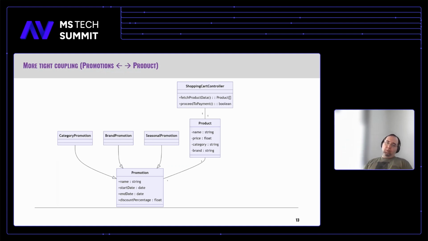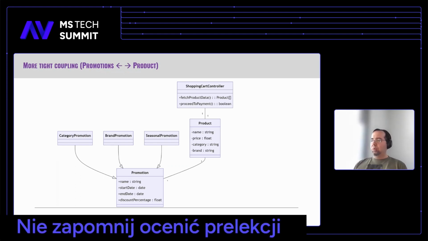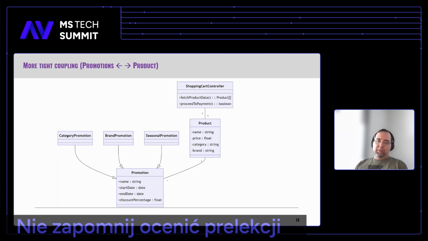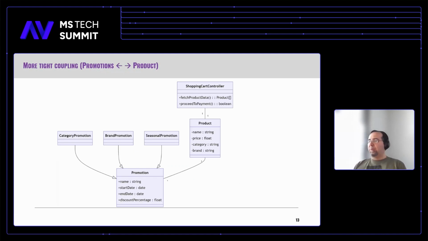So typically, you would do something like this. You will create an abstract promotion class, right? You will make the product aware of such a thing, and as a proxy, you will make any business logic aware, the same shopping cart controller, right, of this thing.